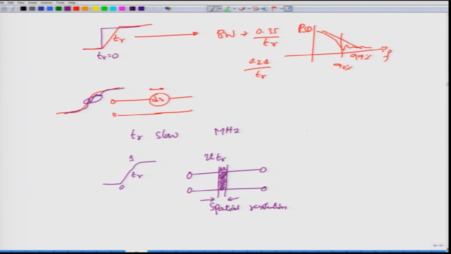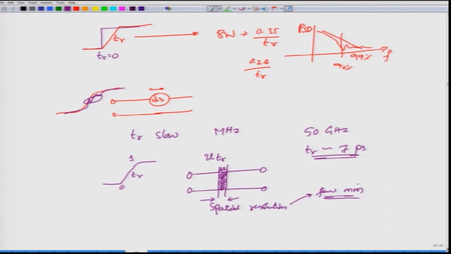Modern TDRs have a bandwidth of about 50 gigahertz or slightly greater than that, indicating TRs of about 7 picoseconds. Okay, so very short rise times, which means the spatial resolution is a few millimeters. This is impressive because any TDR that can resolve within a few millimeters where the faults are located is quite impressive.